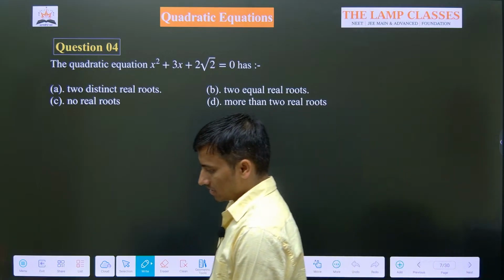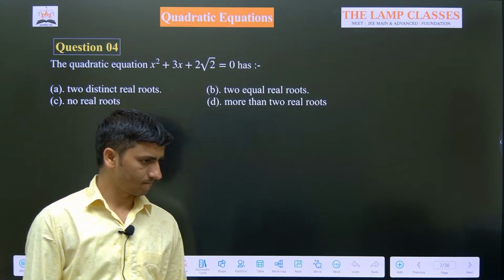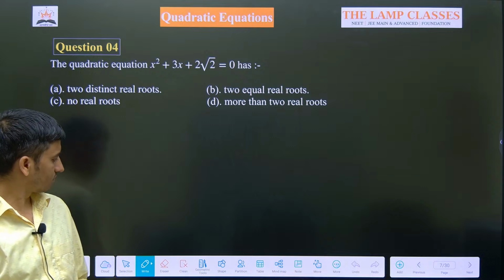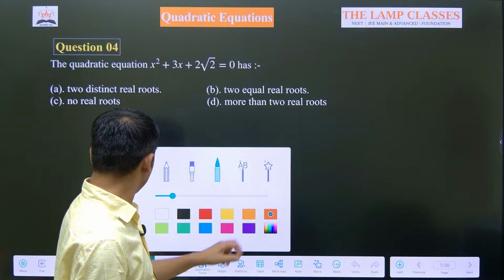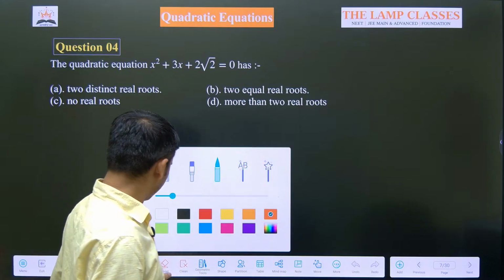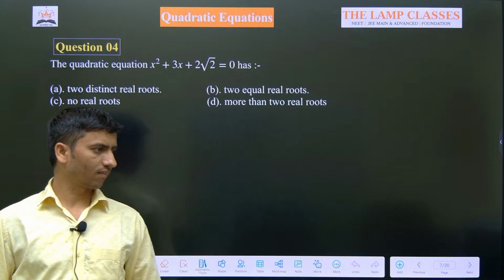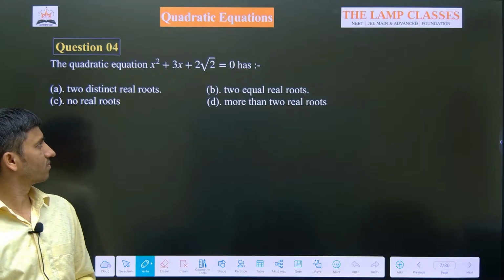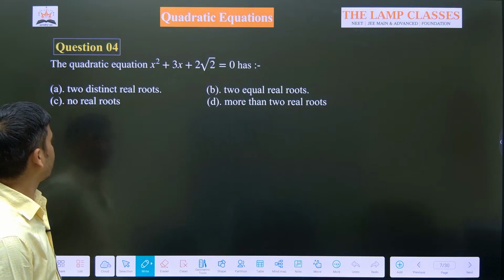Yeah, this is another easy question. What is the nature of the roots of this quadratic?